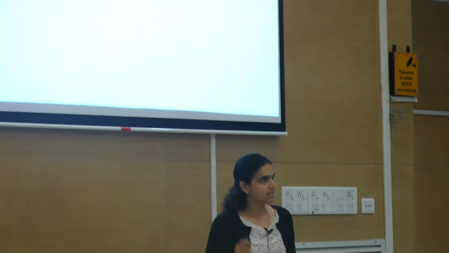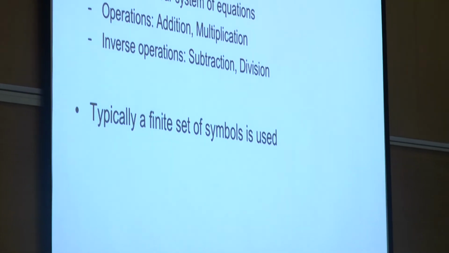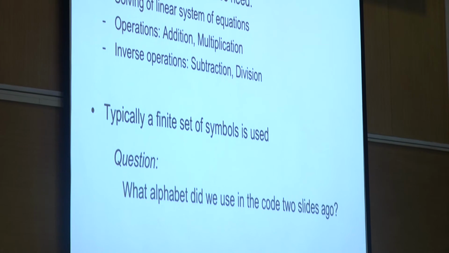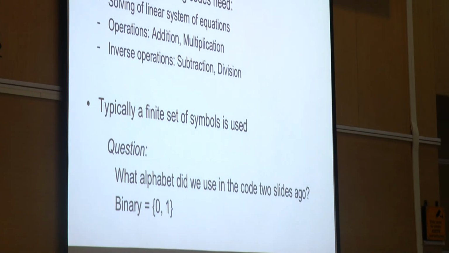So we want to solve linear systems of equations, and for that we have to be able to do addition and multiplication and inverse operations like subtraction and division. Typically the sets over which codes are designed are finite, and these are called finite fields, as we'll see.